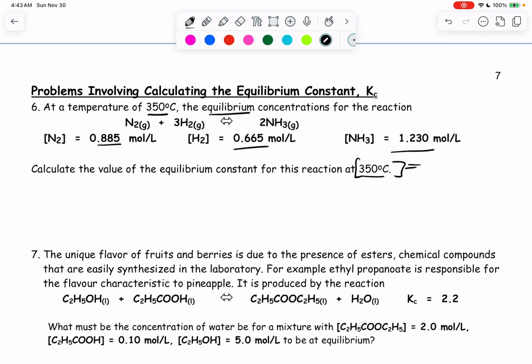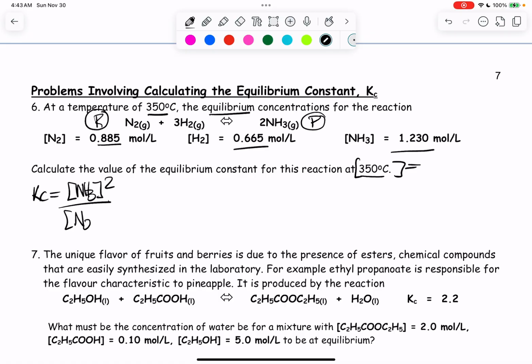So I'm going to figure out my products and my reactants. I'm going to set up my equilibrium expression. So Kc is equal to products, which is the concentration of NH3 to the power of 2 all over the concentration of N2 and H2 to the power of 3, because those are those coefficients.